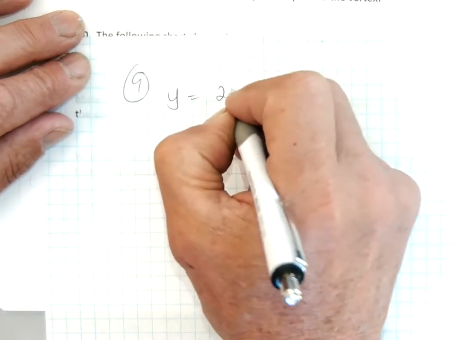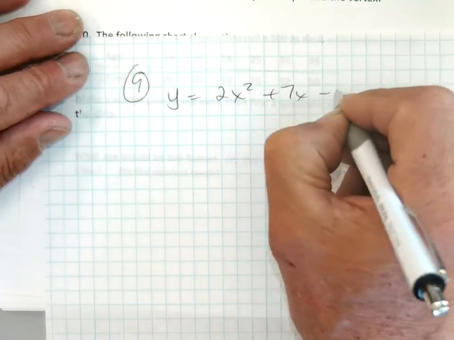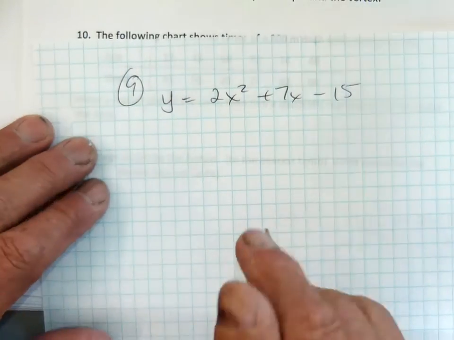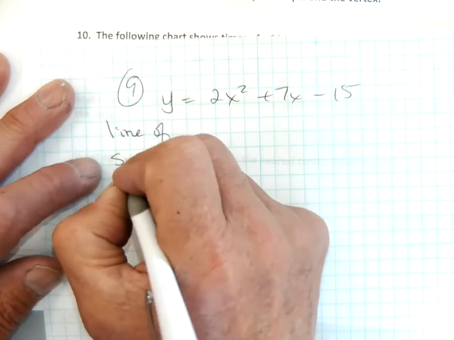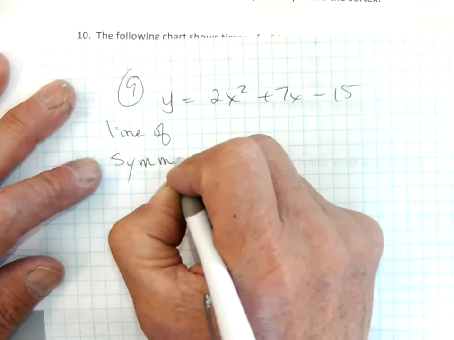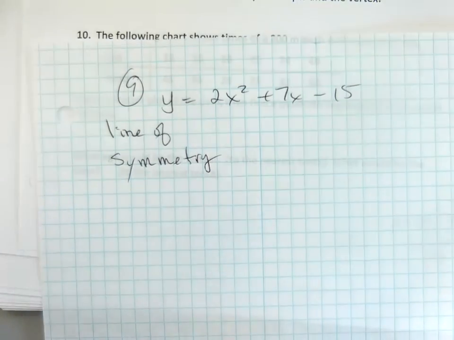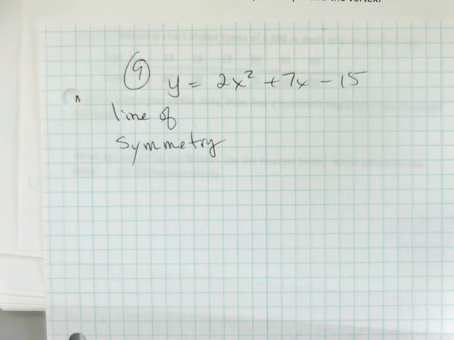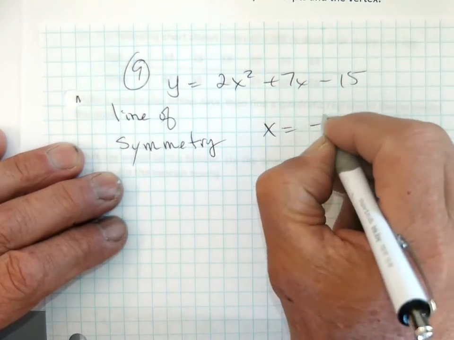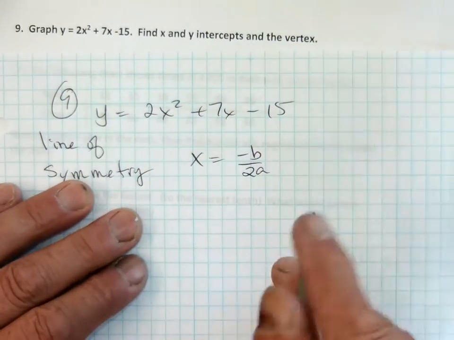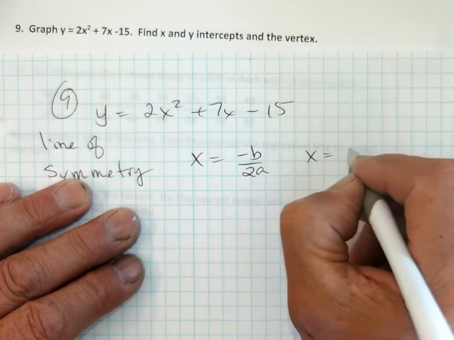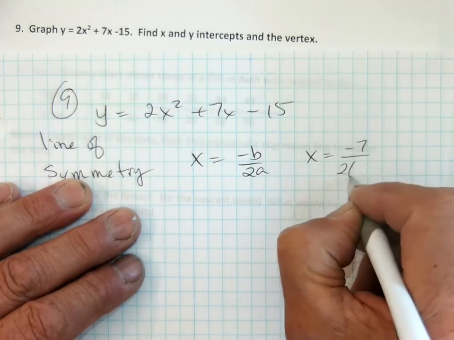Y equals 2x squared plus 7x minus 15. So first of all, line of symmetry. We are going to go x equals negative b over 2a for my line of symmetry, or x equals negative 7 over 2 times 2.